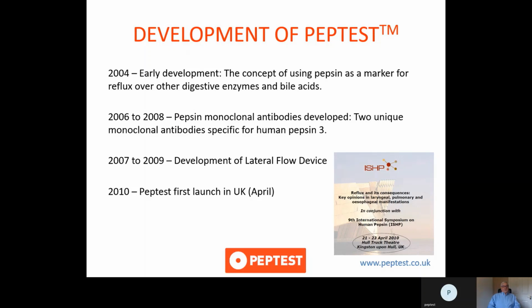Once we had these antibodies, we could then use them to help develop lateral flow devices, which is the basis of the technology for PEPTEST. Once we had that developed, we launched the product first in the UK back in 2010 at a human pepsin conference.